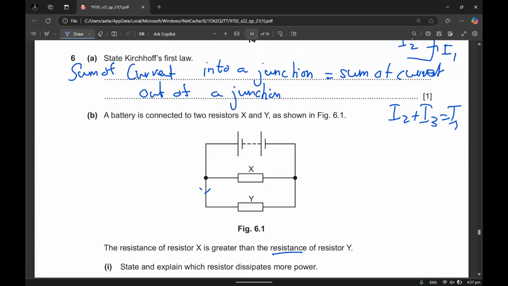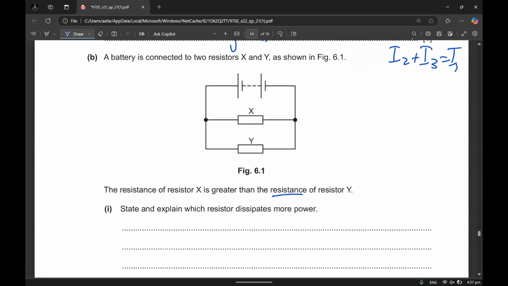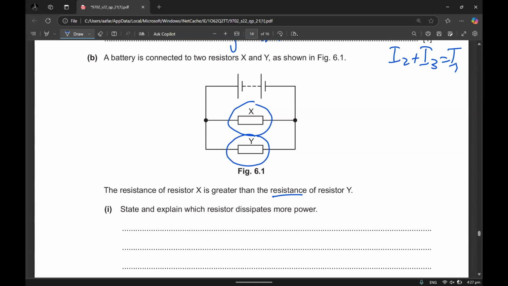Think of current as moving cars in traffic. You would take your car to the road where there are fewer obstacles. Resistance is basically obstacles to the flow of current, right? So both resistors will get the same voltage since they are in parallel.